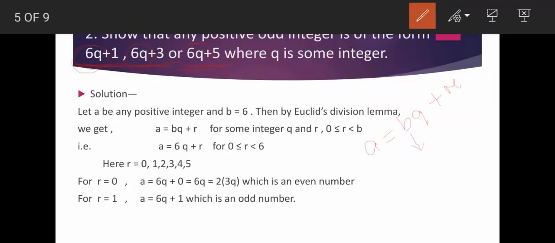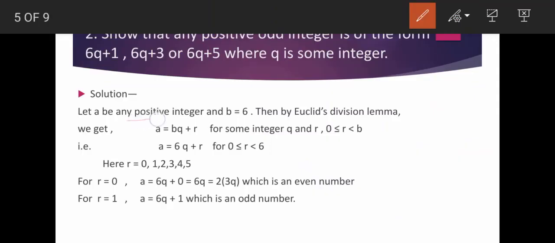Now if I replace b by 6, then a can be of the form 6q plus r. So 6q will be constant everywhere, just changes will be there in the term r. How this term r will be getting changed according to values, let us check here.